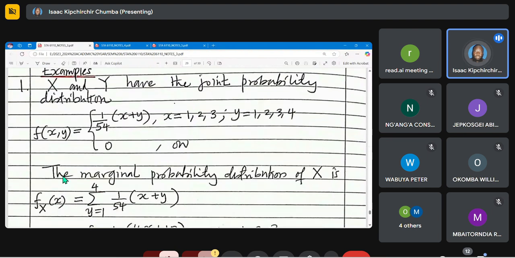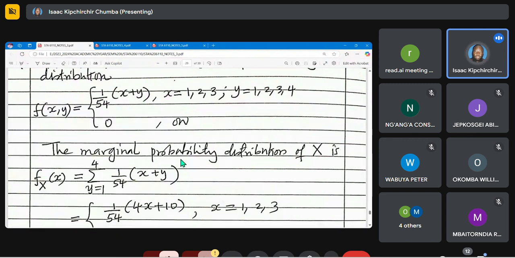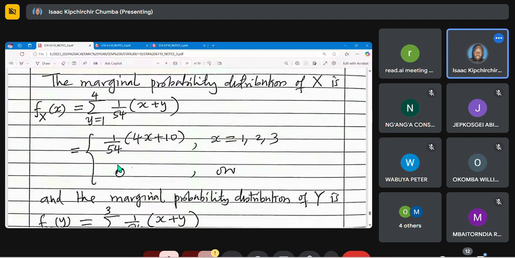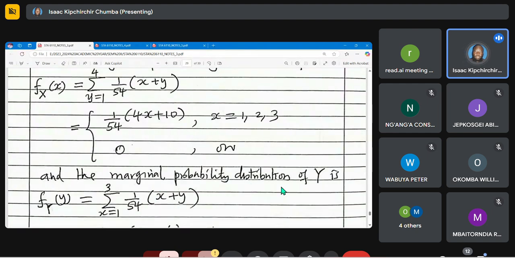We have examples here. So we have here a joint distribution of two random variables x and y. We have to get the marginal of x. Here it says sum the joint over y. So if you sum the joint over y, this is the result.